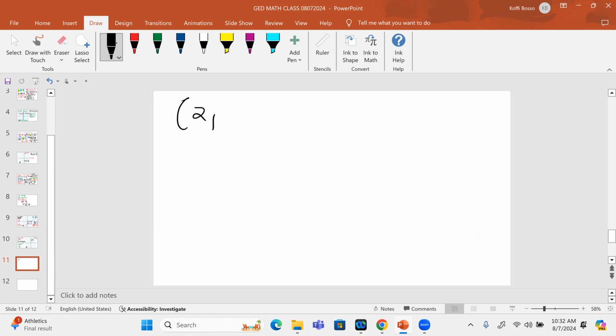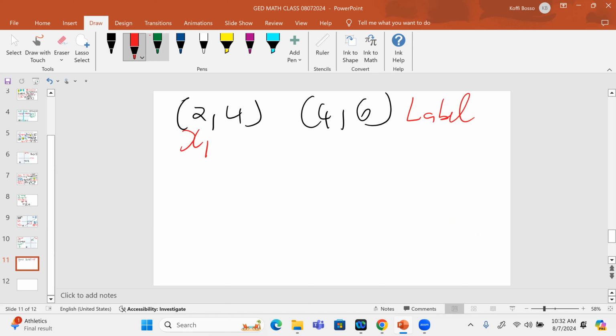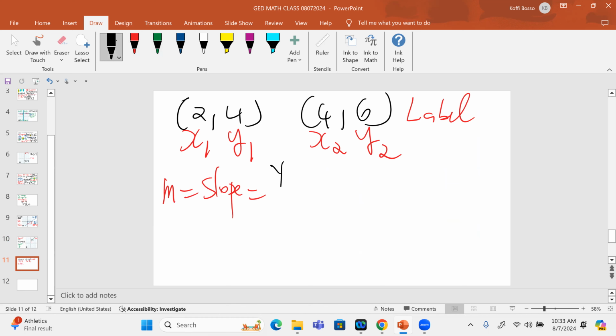So we have 2,4 and 4,6. The first thing to do here is to label the points. So we're going to have x1, y1, x2, y2. My m, which is the slope, the formula is y2 minus y1 divided by x2 minus x1.